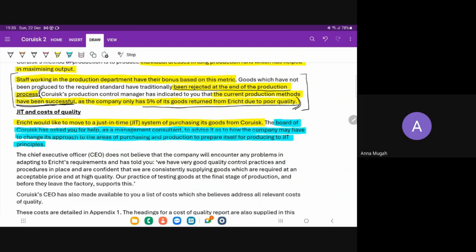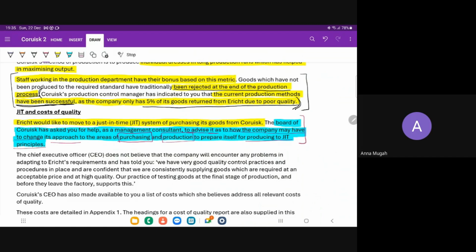You are supposed to advise the company as to how the company may have to change its approach to the areas of purchasing and production to prepare itself for producing to JIT principles.